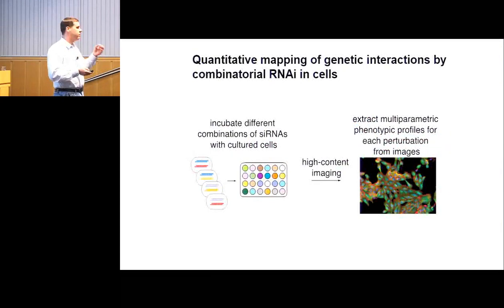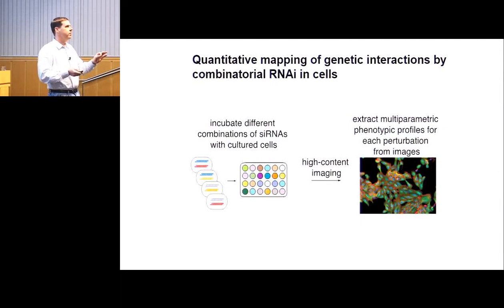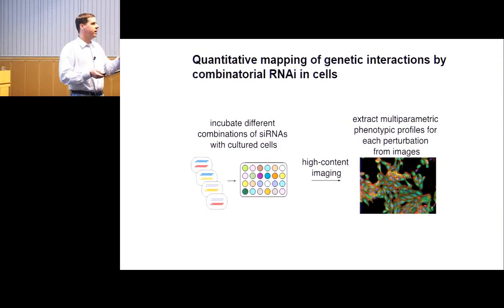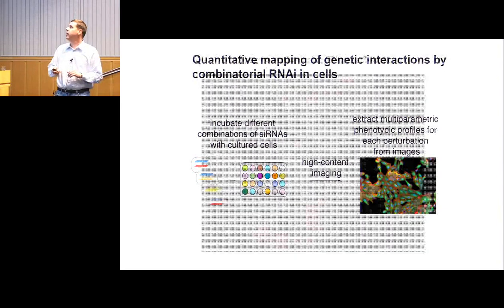So we'll do gene A, we'll knock it down, and then we'll take a bunch of phenotypic data, and then we knock down gene B and do the same. And we do that in replicate, at least 4 independent knockdowns for each siRNA, and we look at 10 different phenotypes. Then we do the double knockdown, and we do that in each combination as well.